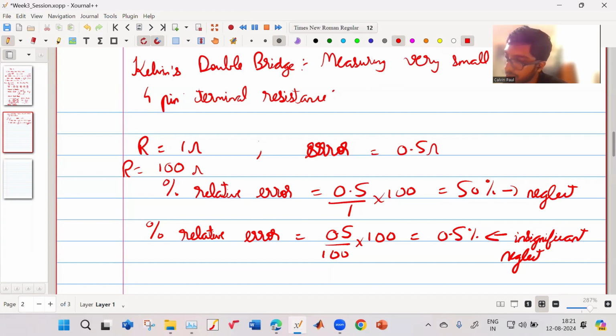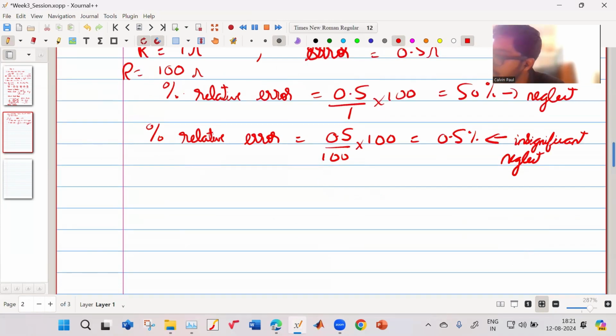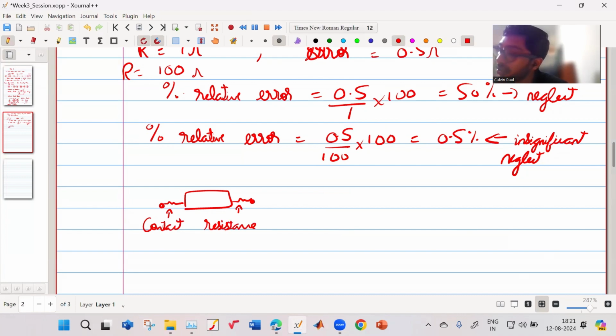But when you want a very small resistance, 1 ohm, there are some contact resistances. When the resistor is connected to some part, over here, over here, these small parts, which are known as contact resistance, introduce error.